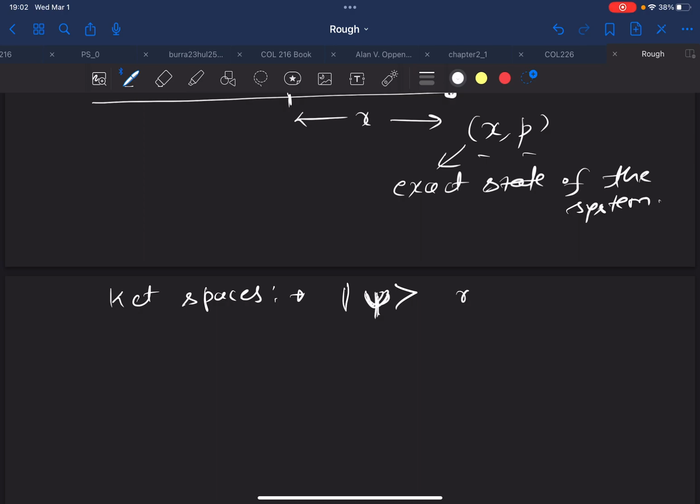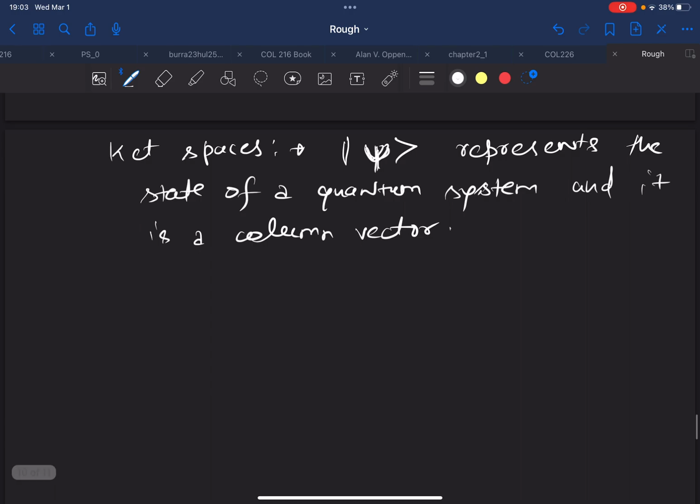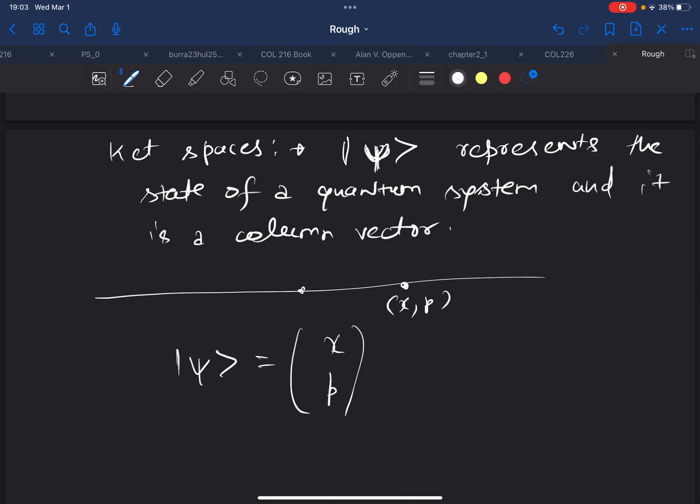This psi represents the state of a quantum system, and it is a column vector. For example, if we have a system of a single particle which is moving on the number line at some position x with momentum p, then we can denote the state of the system using this notation.